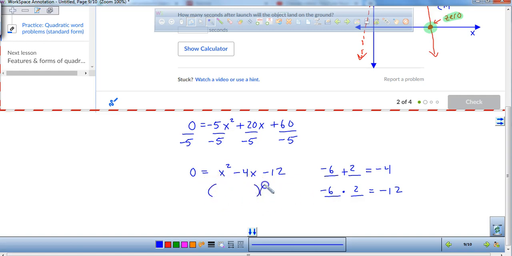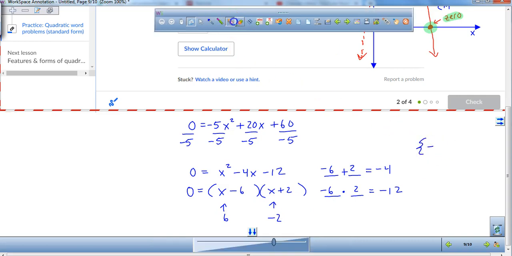So here are our factors: x minus 6 and x plus 2 equals 0. What number minus 6 equals 0? Positive 6. What number plus 2 equals 0? Negative 2. My solutions for this quadratic would be negative 2 and 6.